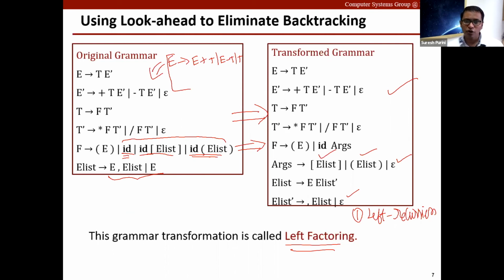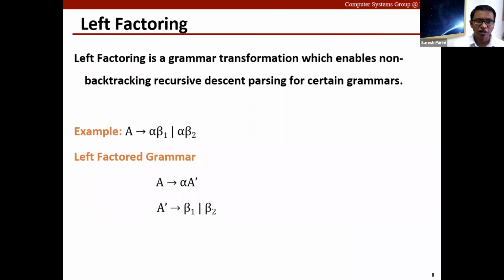Similarly, it is possible for us to take a grammar, see if there are problems such as this, and rewrite the grammar so that the resulting grammar has no common prefixes among the substitution rules. So this is a general algorithm.